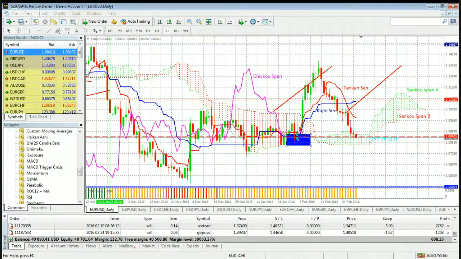Tenkan and Kijun crossover. That's correct. Okay, well done, William. Another one. Who can tell me? Kumo break. Okay, there's another one.